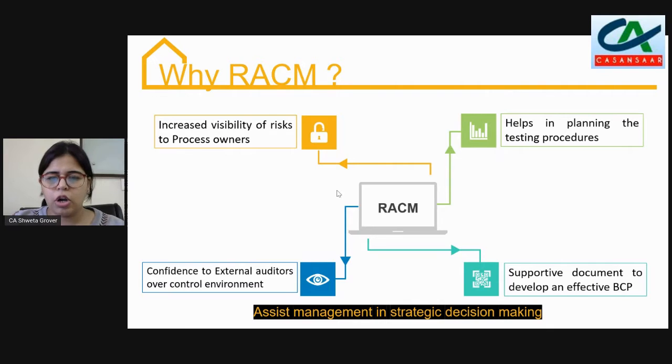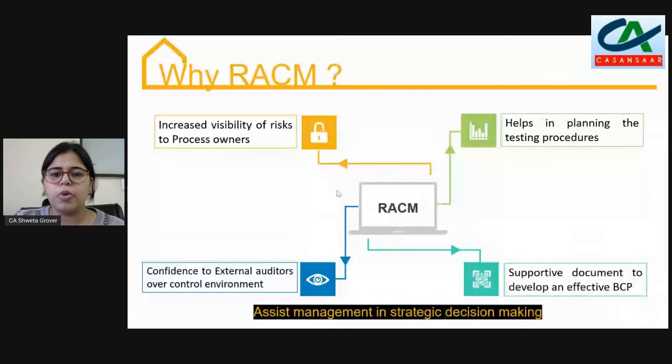So overall, considering all these, it helps in management's strategic decision making. It helps management in deciding which operations or processes they need to take more care of, in which process they will spend more time, and which process is going effectively.